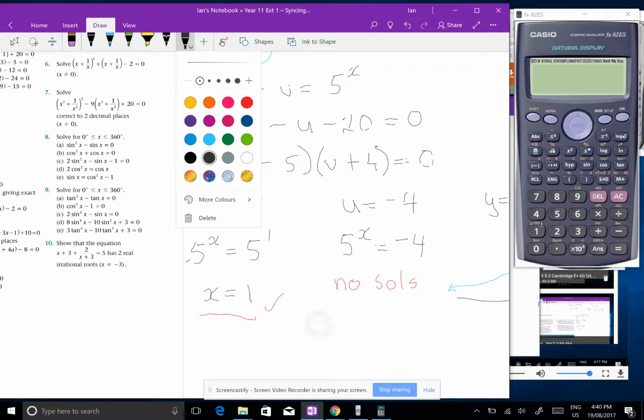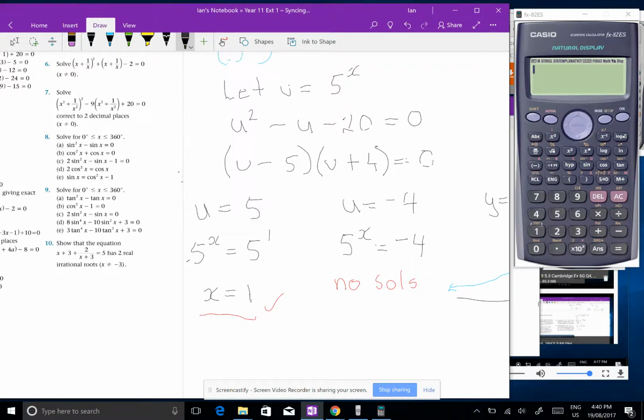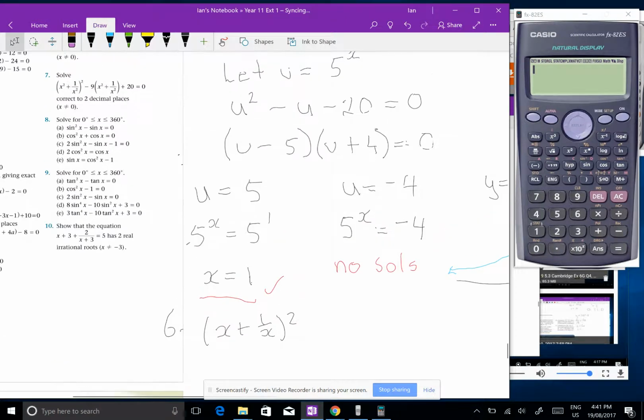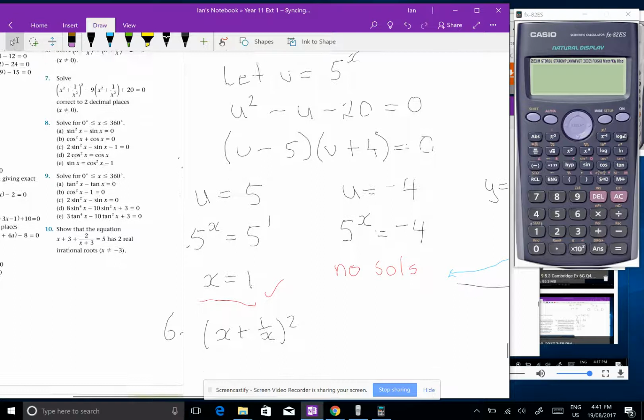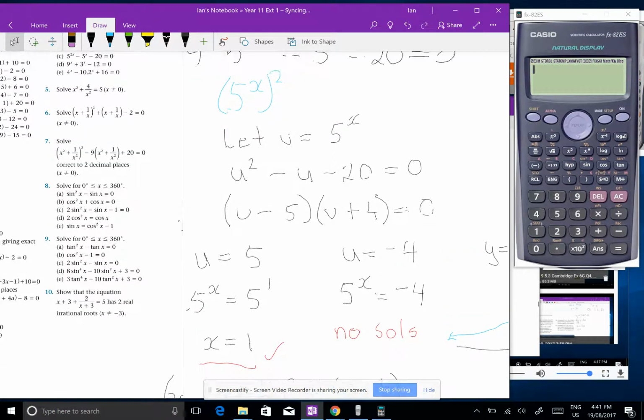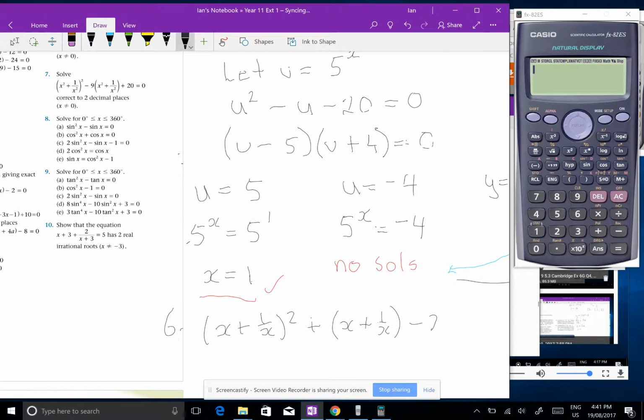What do we got? So this is question 6: x plus 1 on x squared, plus x plus 1 on x, minus 2 equals 0.